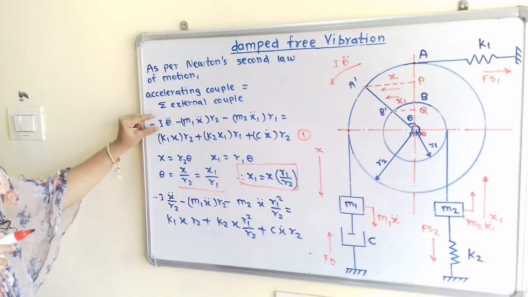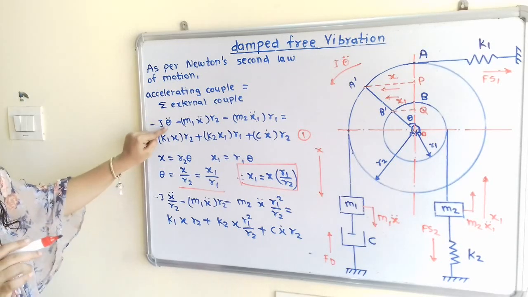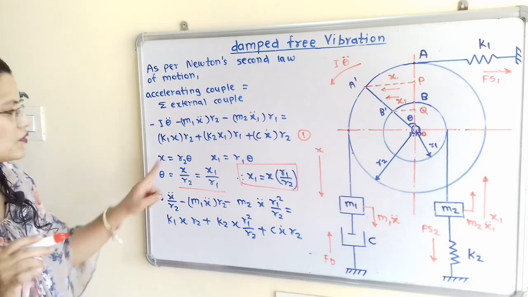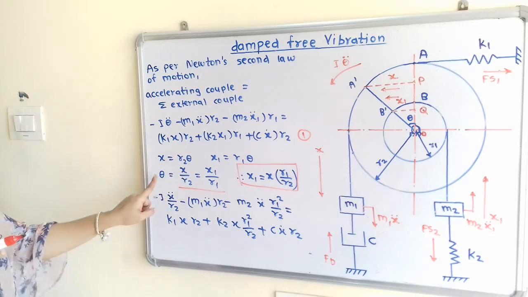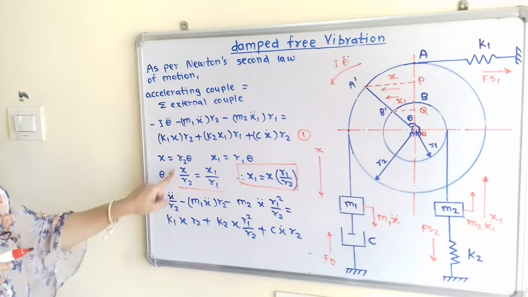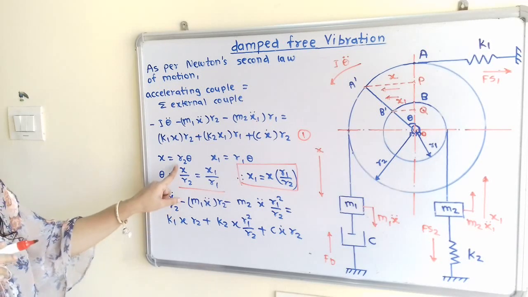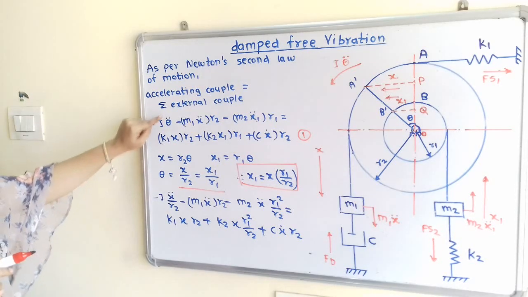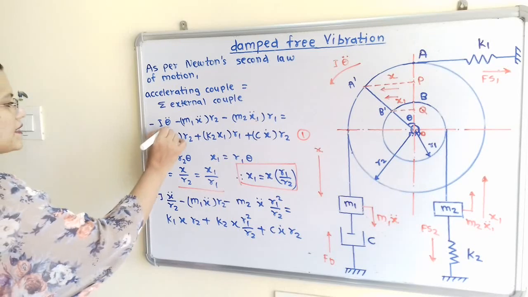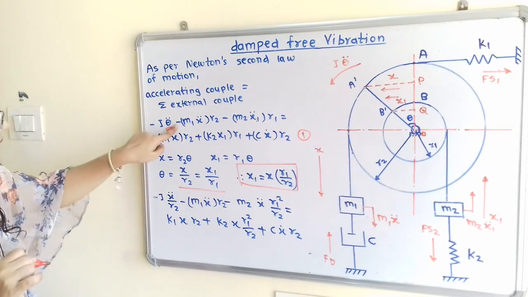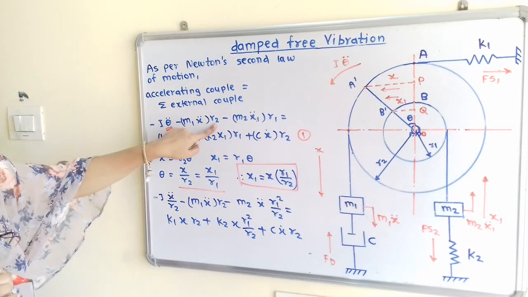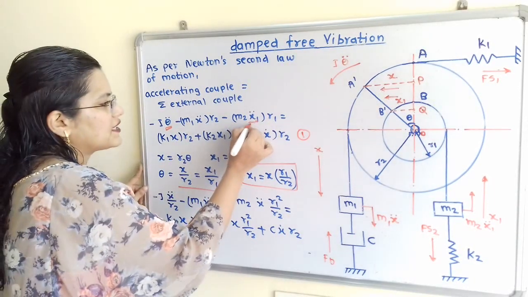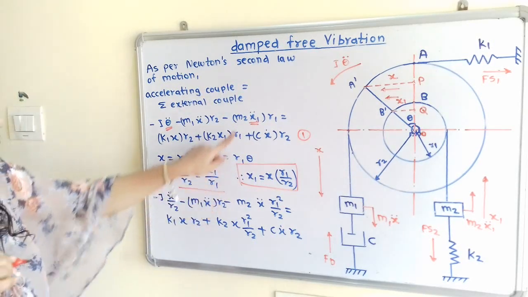Now instead of theta double dot we will also put the value in terms of x. We know that theta is equal to x by r2, so theta double dot is equal to x double dot by r2. So we take minus I x double dot by r2, then minus m1 x double dot r2, minus m2 x1 double dot, replacing x1 double dot, times r1.